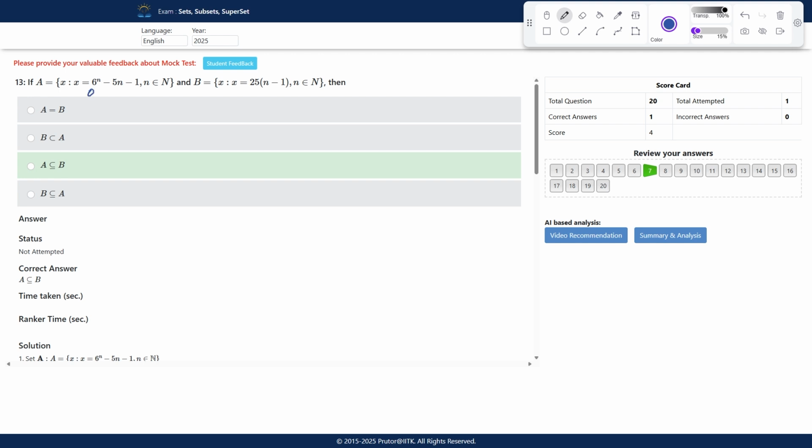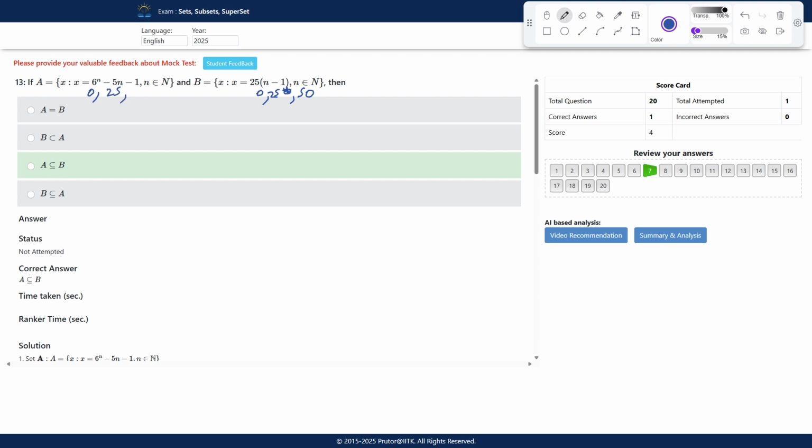For n as 2, this will be 36 minus 10 minus 1, meaning 36 minus 11, meaning 25.